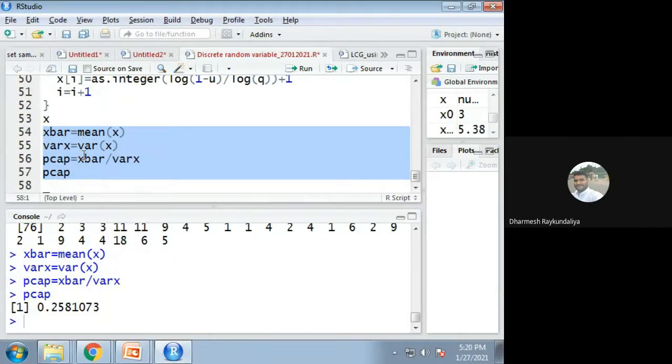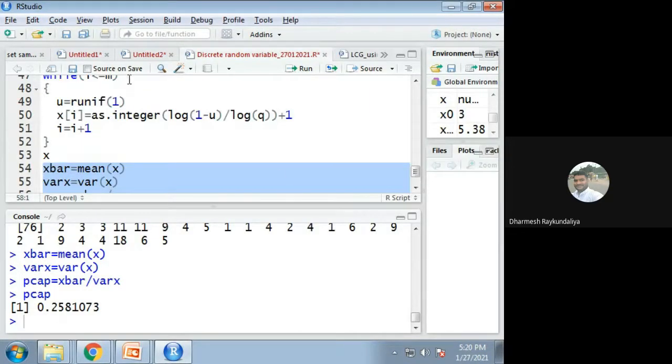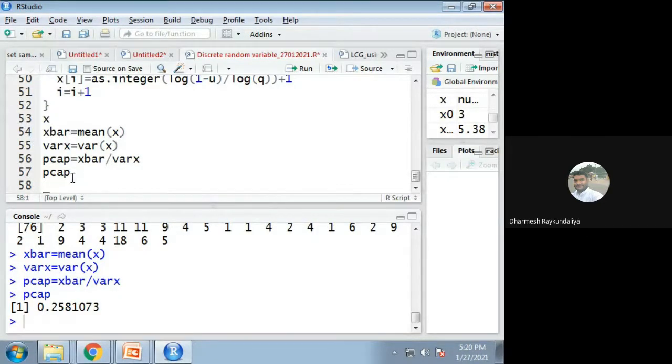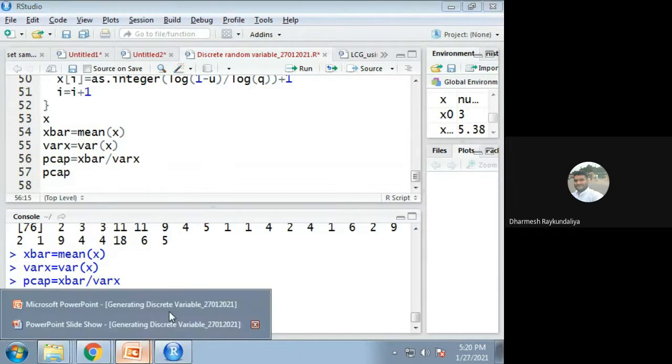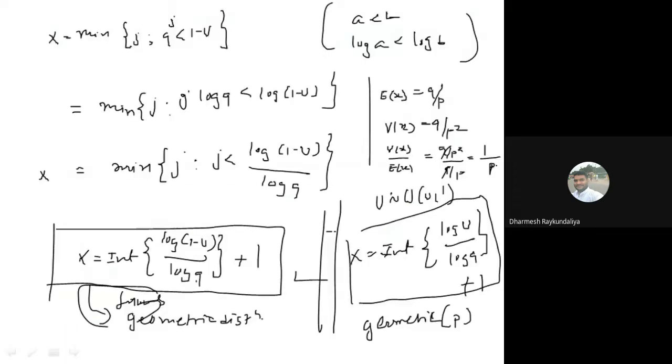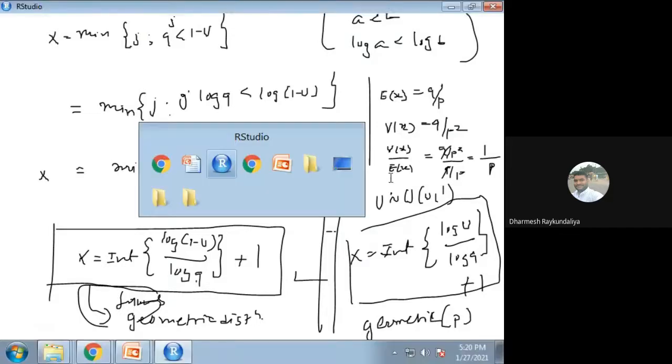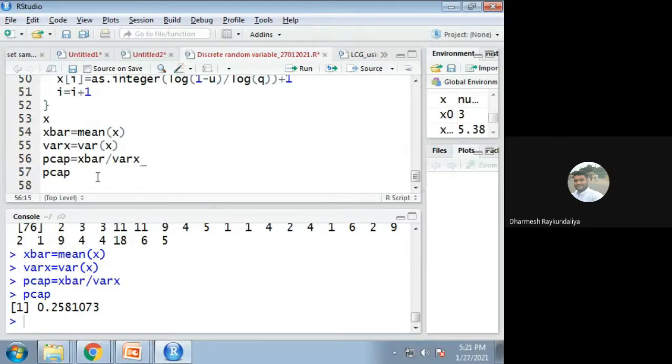As you generate a larger number, p cap is 0.25, and we had taken 0.2. So the data is generated from the required distribution, which you can verify using the relation variance of x upon expectation of x equal to 1 by p. So p equals mean upon variance, and that is what we have used.